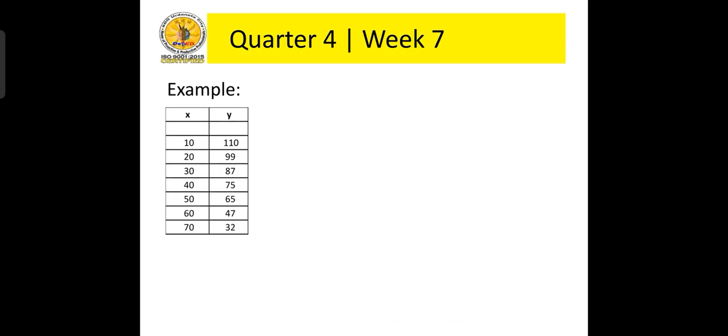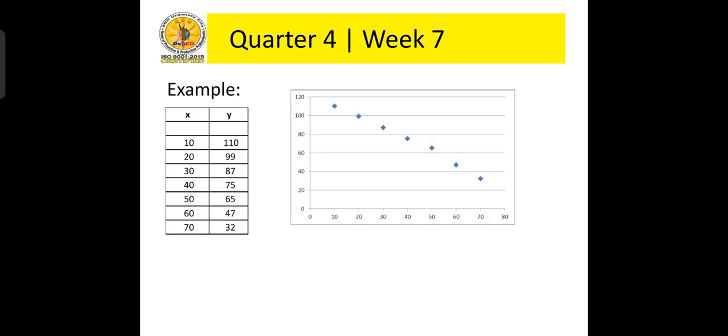Let's have another example. So, let's take a look at the value of our x. It is increasing, and the values of our y are decreasing. Let's take a look at the scatter plot.